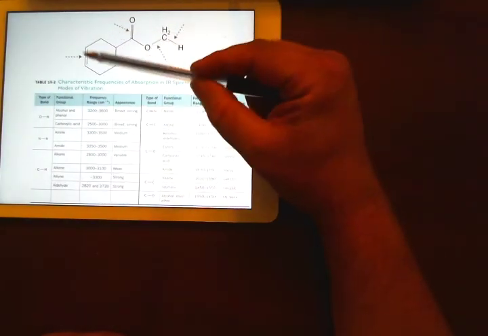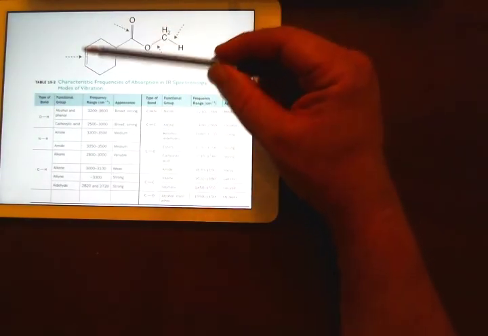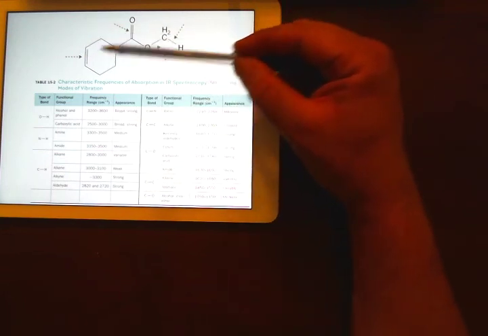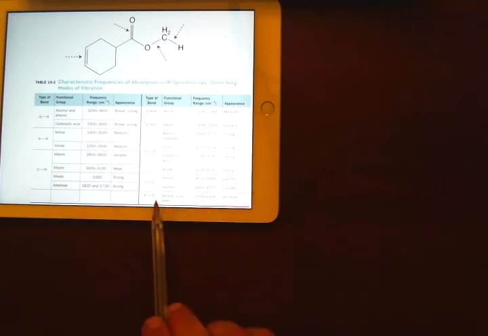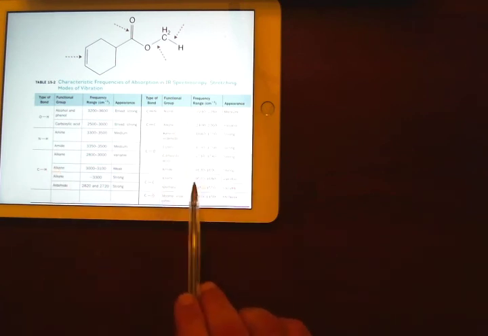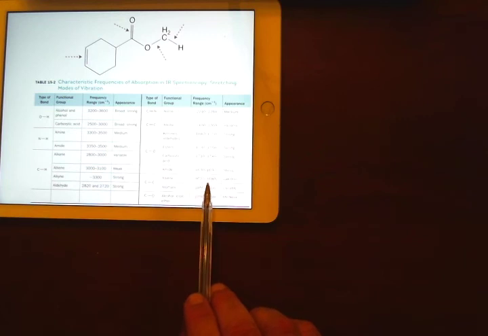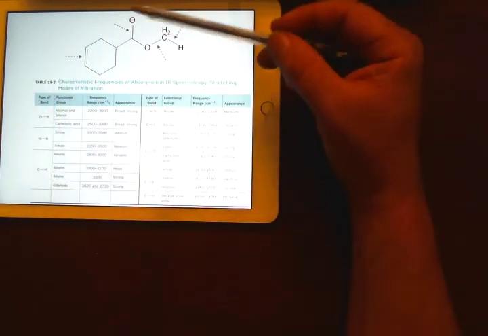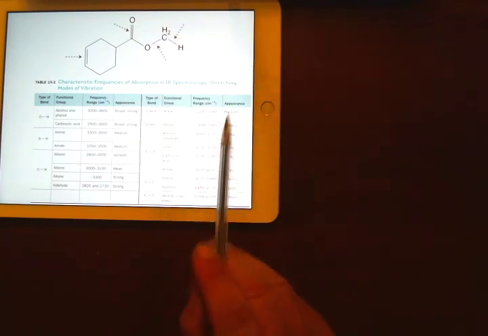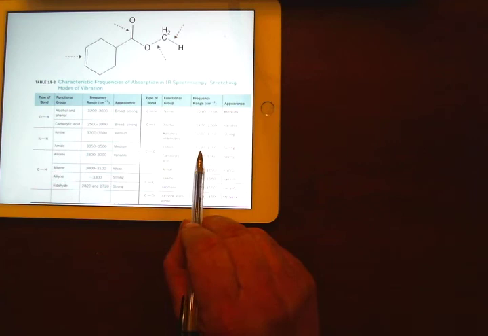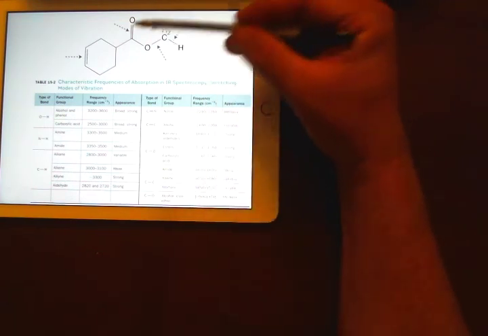Okay, and so if you're looking at these molecules here, and you go on this chart, this alkene bond is going to absorb somewhere between 1620 and 1680 wave numbers. This C double bond O, part of an ester group, is going to absorb somewhere between 1730 and 1750.